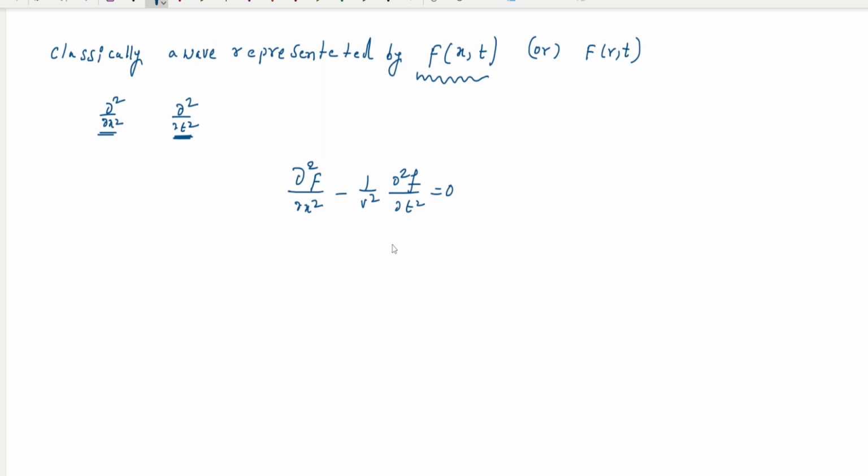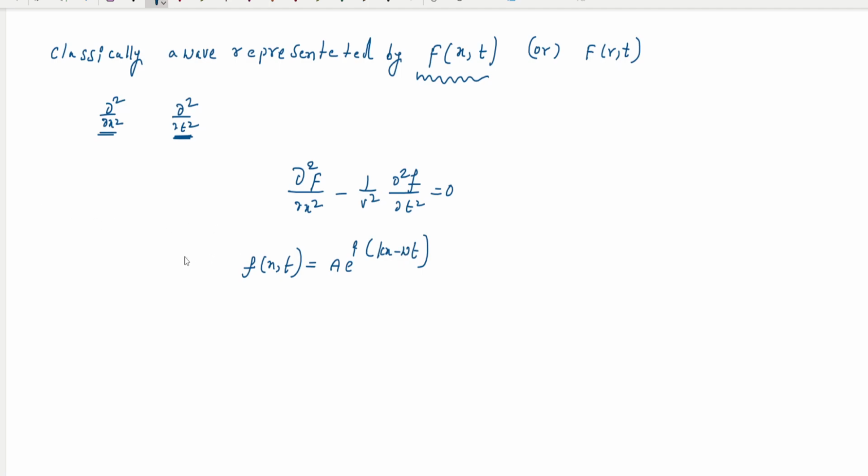Therefore, the mathematical solution of this equation I'm going to write like this. We already know this one: f of x comma t equals a e power i of kx minus omega t. Here k is the propagation vector, omega is the frequency, right?